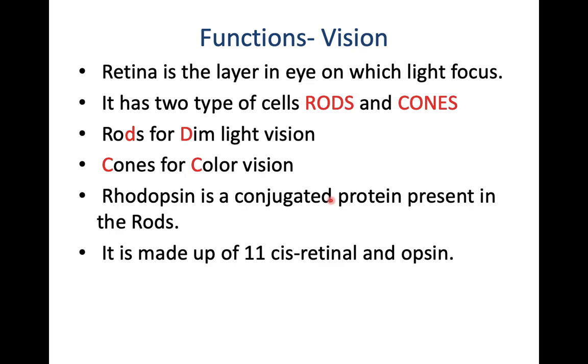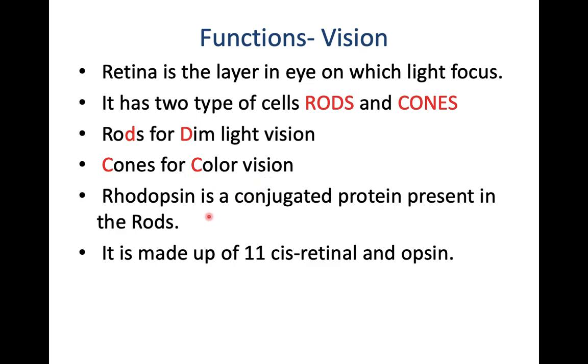For that, under the retina we have two kinds of cells, rod cells and cone cells. Their physiology and functional part you will deal with in the physiology subject separately. We will just briefly outline the physiological role of rods and cones. Rods are responsible for dim light vision and cones are responsible for color vision.